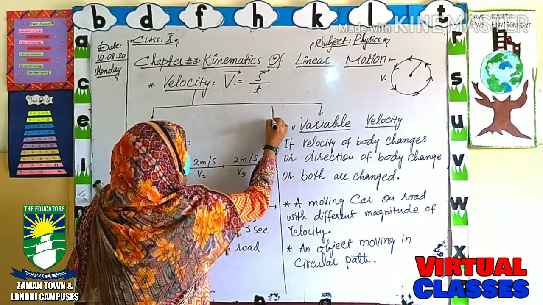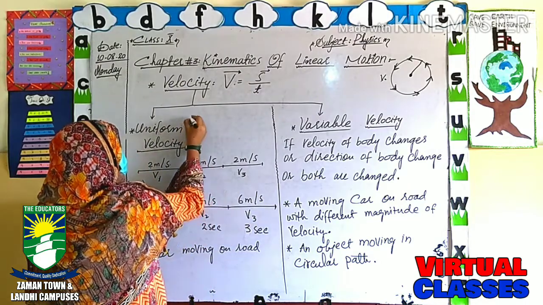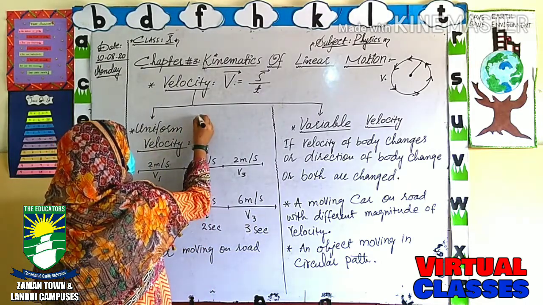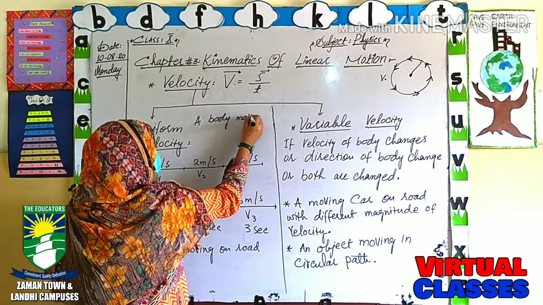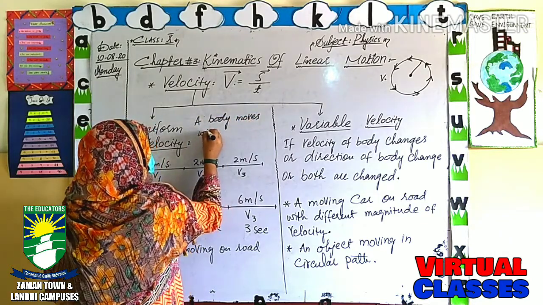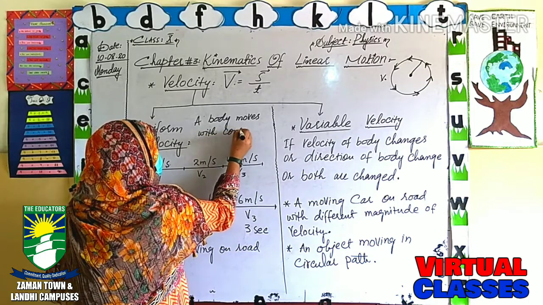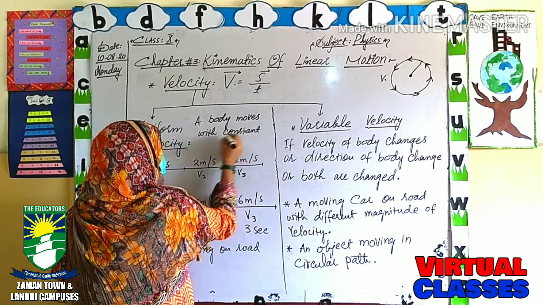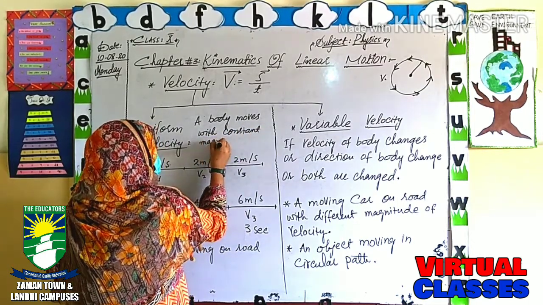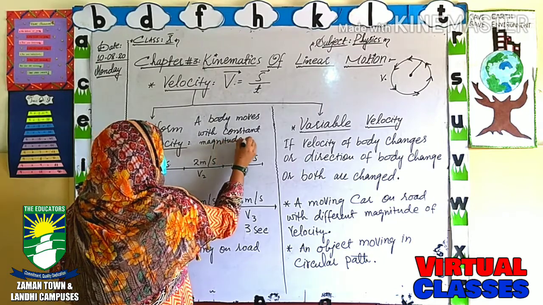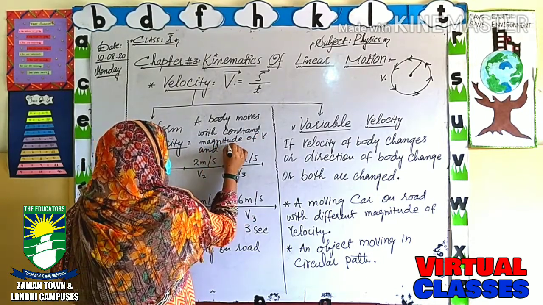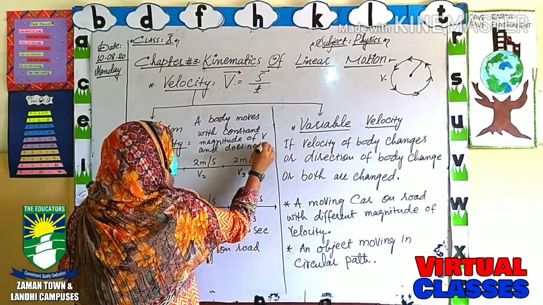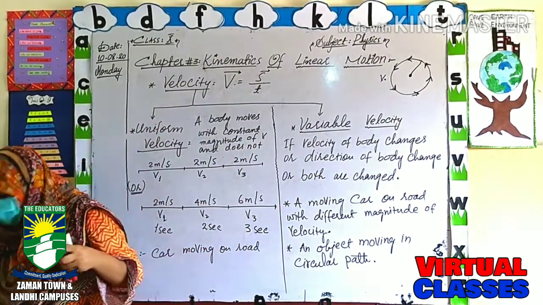So you can define uniform velocity as: a body moves with constant magnitude of velocity and does not change direction as well.